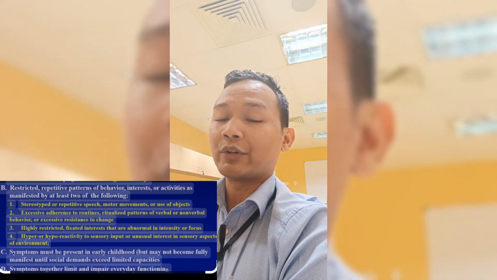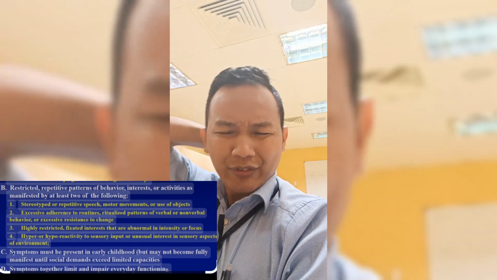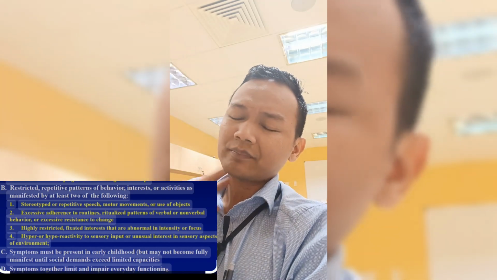Okay, so out of this restricted repetitive pattern of behavior, it only needs to be 2 out of 4 to say it's positive, if it is already 3 out of 3 under the social communication issue. As an additional point, the symptoms of children with this social communication impairment and restricted repetitive behavior should appear in early childhood.